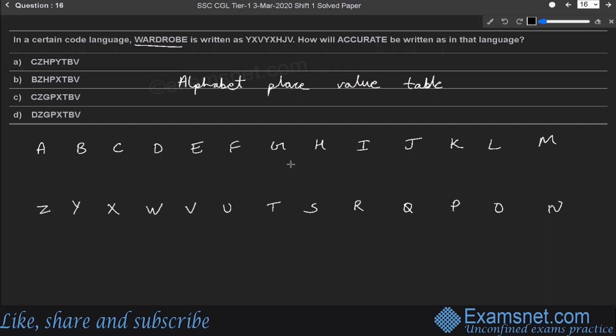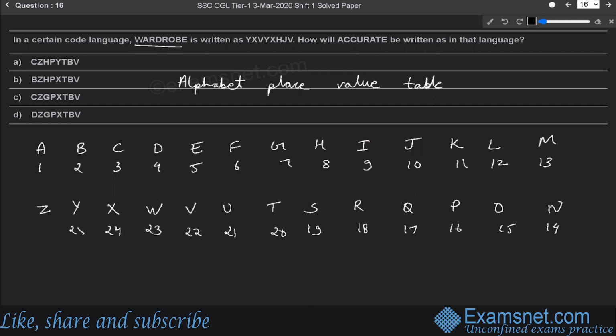A comes in first position, B comes in second position, C comes in third position, and so on. So it will be 1, 2, 3, 4, 5, 6, 7, 8, 9, 10, 11, 12, 13, 14, 15, 16, 17, 18, 19, 20, 21, 22, 23, 24, 25, and 26.